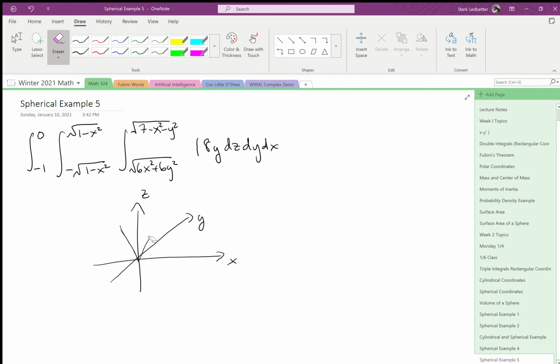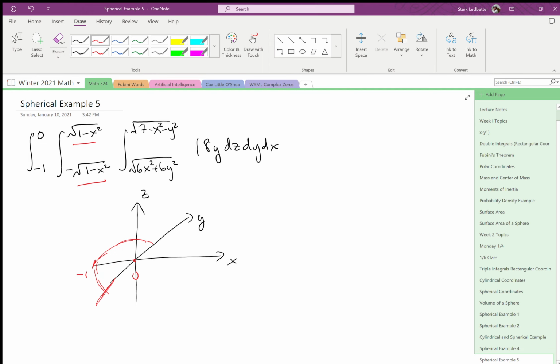Okay, wait, I won't draw the picture yet. So I do need to draw a picture to make sure I convert it properly. So what is this region? Let's see, x goes from -1 to 0. Okay, y goes from, these are half circles, right? These are half of the circle of radius 1. So in the xy plane, we're in that region.